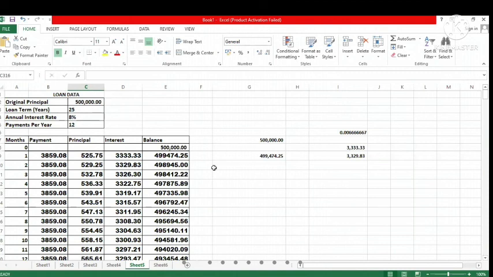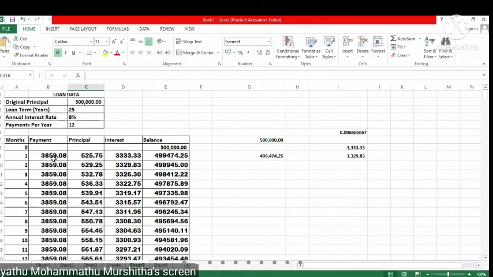People don't think that they are paying this much interest. If you go to a financial institution, they will say we are giving you 5 lakhs, but monthly you have to pay 3,859. People think they are paying a very small amount, but this includes huge interest.